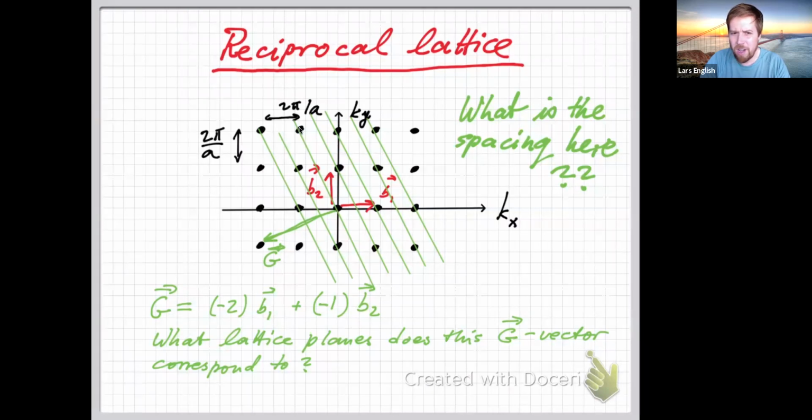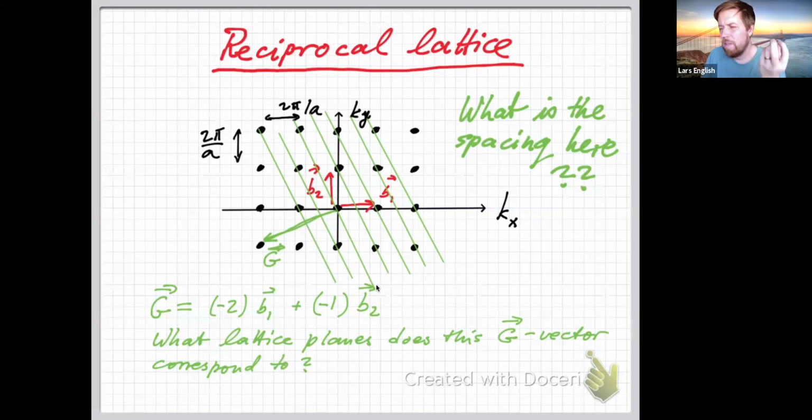So here's one, down 2 over 1, that's the one at the origin, down 2 over 1, and I'm going to end up with an atom there again. So actually these planes contain an infinite number of atoms.